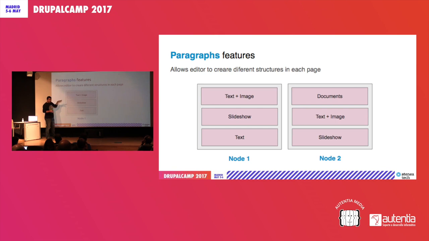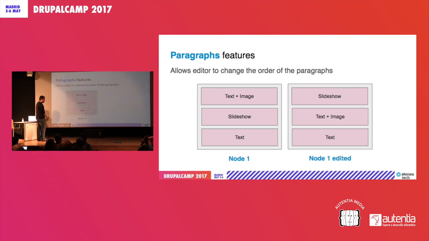So, if we have a paragraph, we can have a text plus image, a slideshow, text, or the same content type with another structure altogether. Here we have some documents, text plus image, and a slideshow. These are 2 nodes of the same content type, but they have a completely different structure.